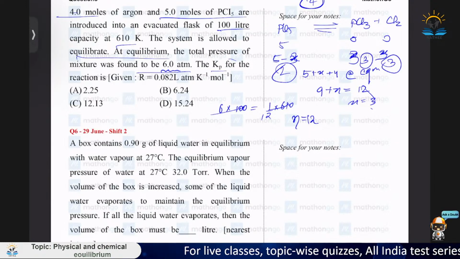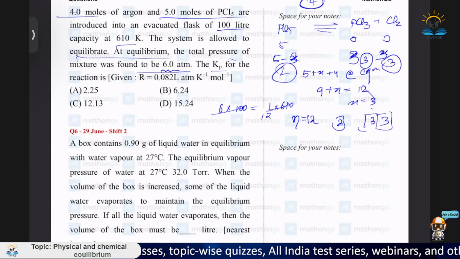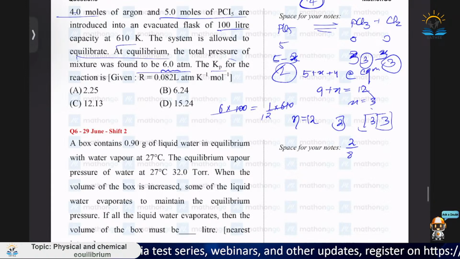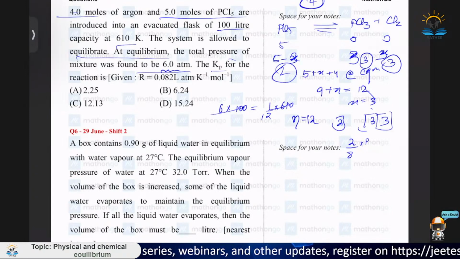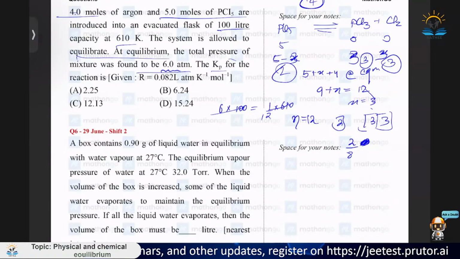Total number of moles are 2, 3, 3. So 2 by 8 is the mole fraction for PCl5.